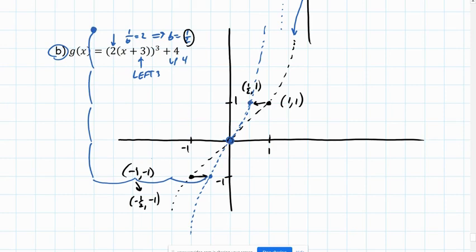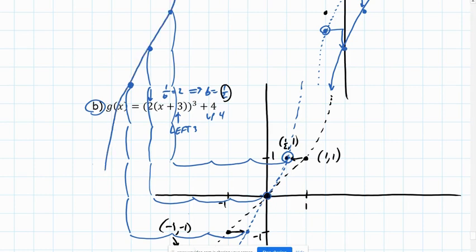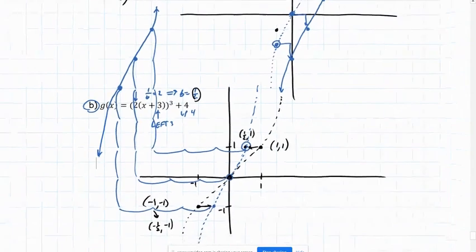This point at the origin is going to go left 1, 2, 3, and up 4, 1, 2, 3, 4. And this point, left 3, and up 4. So we have those 3 points, and then we can draw our curve through those 3 points. So there's our transformed graph.